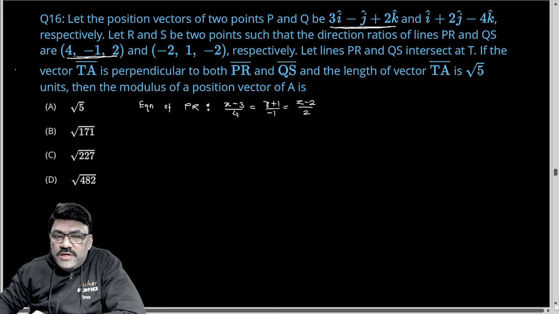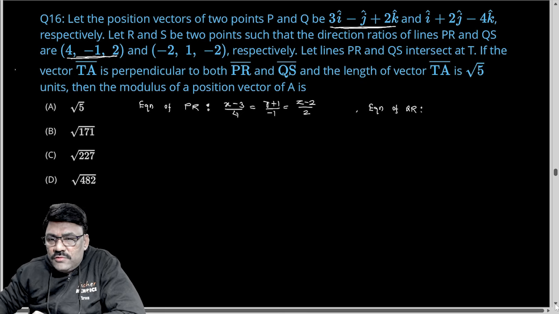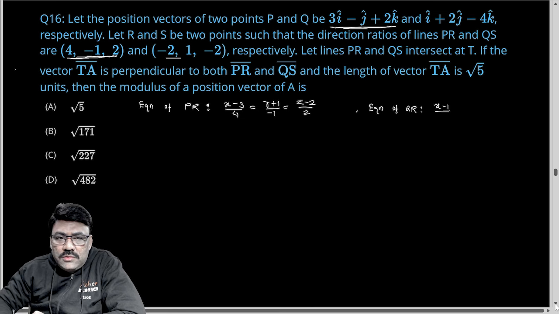Similarly, if I write the equation of QS, the line is passing through this point 1, 2, minus 4. So you will write x minus 1, and the direction ratios of QS are minus 2, 1, minus 2.